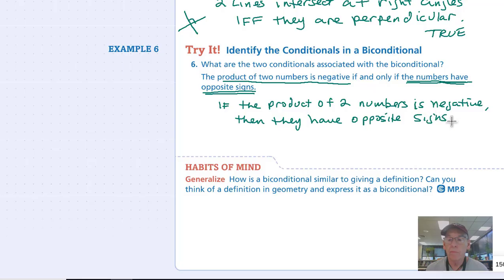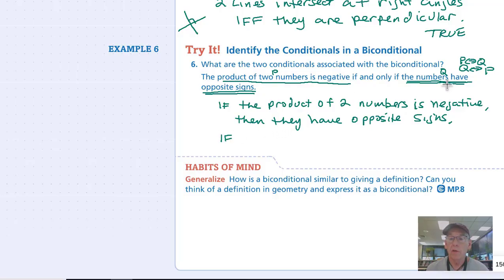So that's one form. This is the P, and this is the Q. Again, the biconditional is P double arrow Q or Q double arrow P, P if and only if Q, Q if and only if P. We took care of the P if and only if Q part. Now we got to do the Q if and only if P.